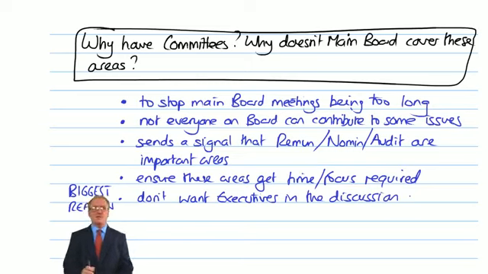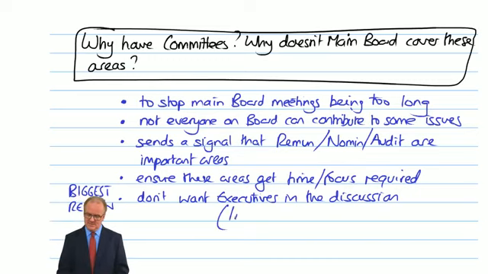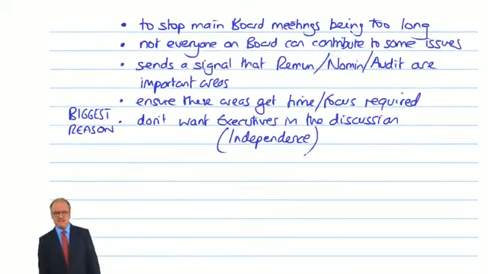Because if the Remuneration Committee is looking at directors' pay, primarily the executives, we don't want the executives in the room while their pay is being discussed, do we? So a lot of this is all to do with one of the favourite words on this course. It is about making sure that those committees can work independently.